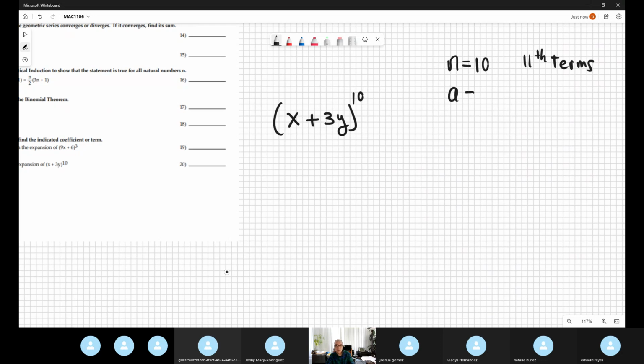I suppose that A is x and B is 3y. That's important because not always is it a combination of letters. Sometimes there's a combination of number and letter. In the original formula, we suppose just A and B, but in this case, B is 3y.